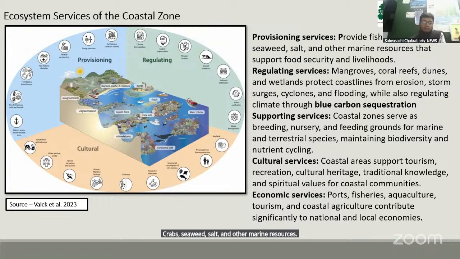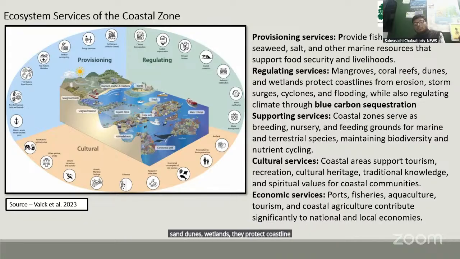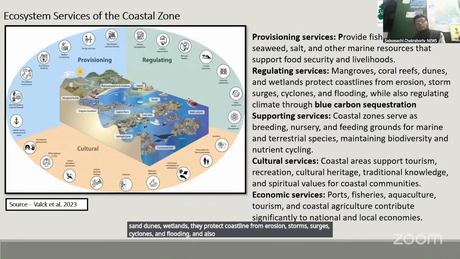Then there are regulating services: mangroves, coral reefs, sand dunes, and wetlands protect the coastline from erosion, storm surges, cyclones, and flooding, and also help in regulating the climate by sequestering carbon dioxide, which is known as blue carbon sequestration.